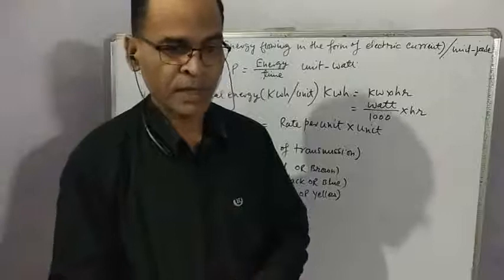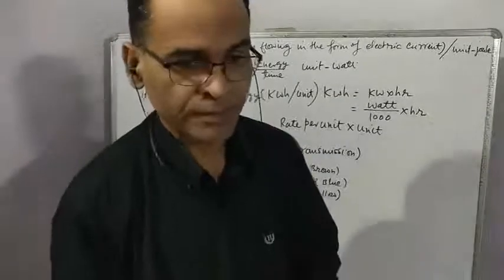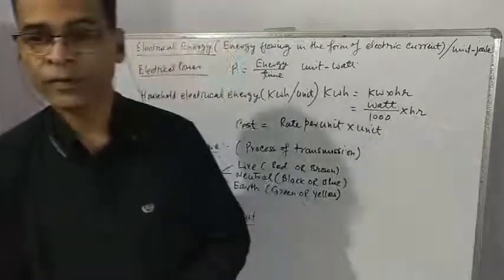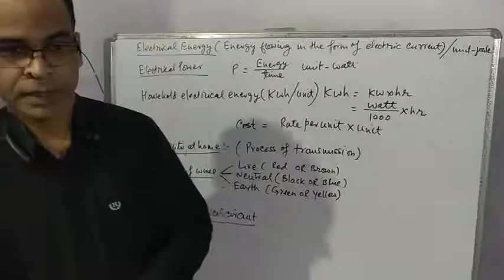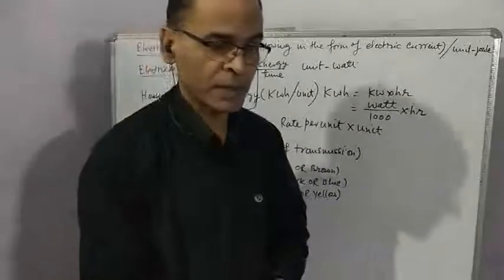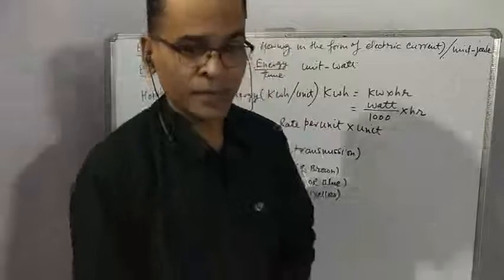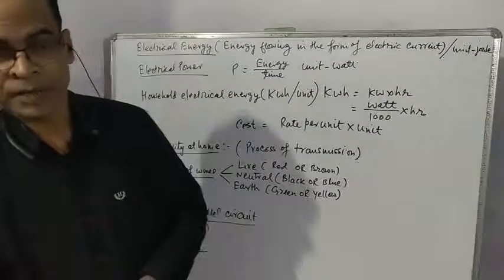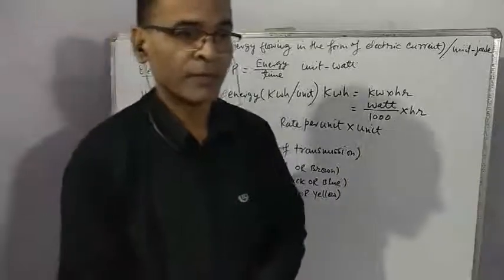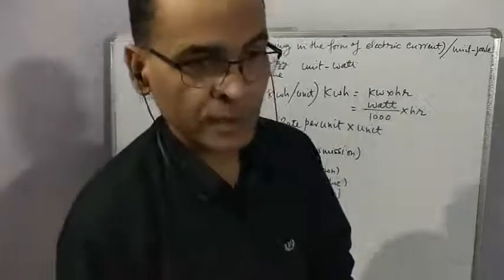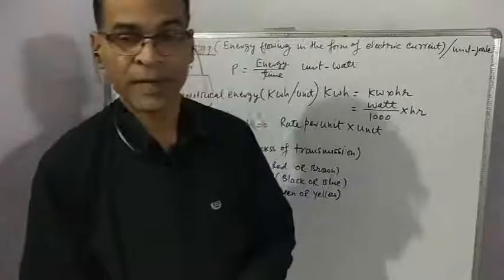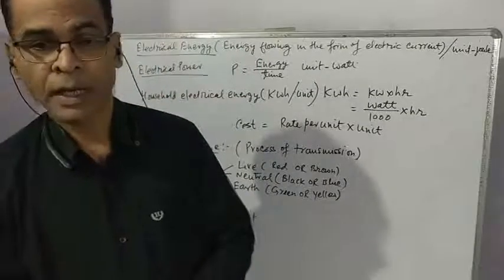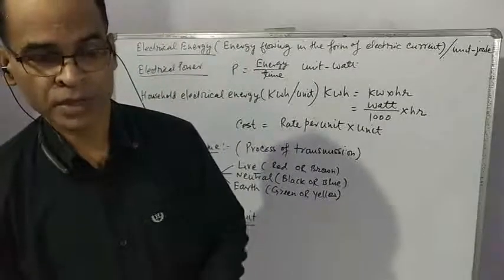A very common example of series wiring is the Jhalar of Deepavali, in which about 50 bulbs are connected in series. But the drawback of this wiring is, if one device fails, other devices also stop working.